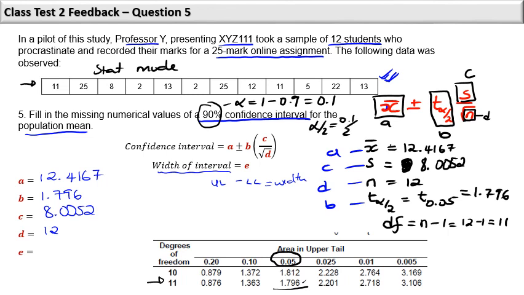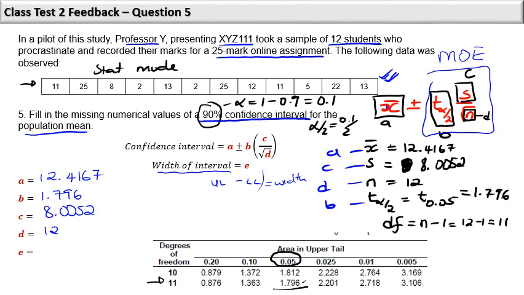But if you look at the formula very well, you know that your upper limit is x bar plus this, and this whole thing here that I will circle is what we call the margin of error.